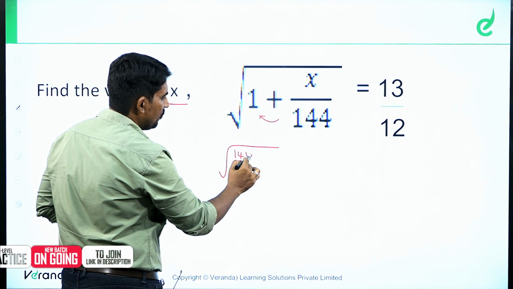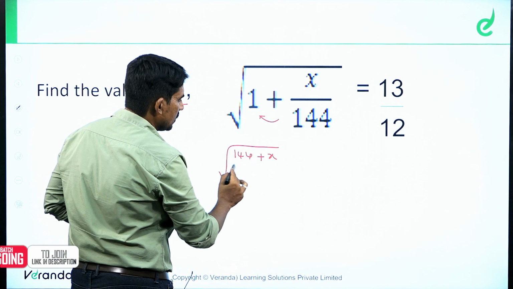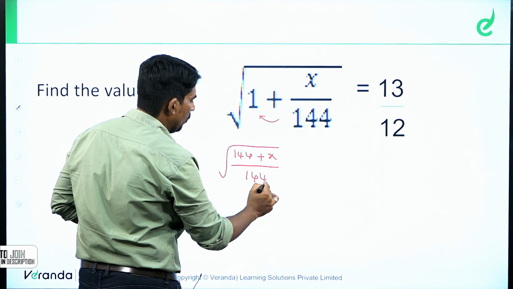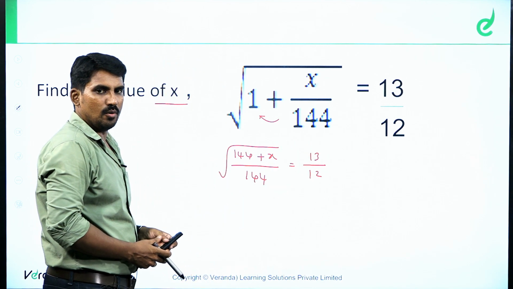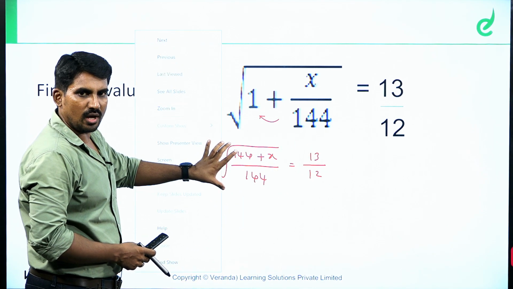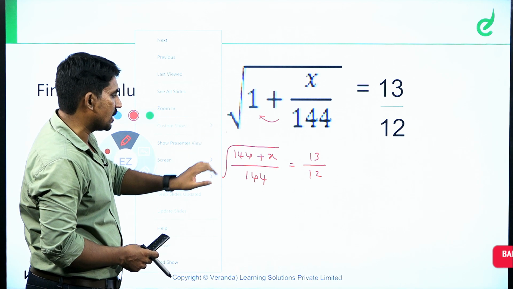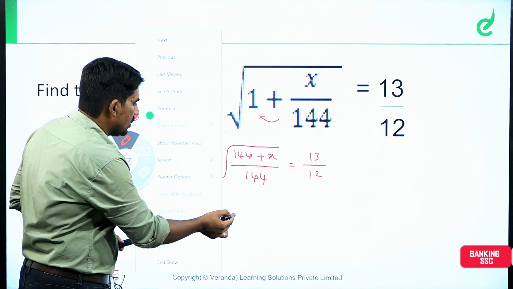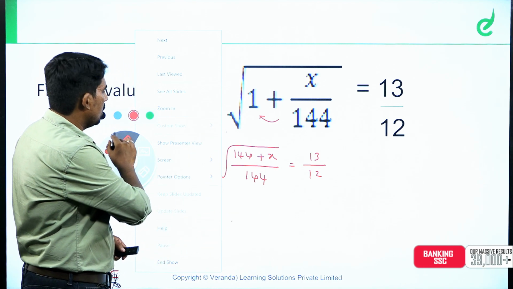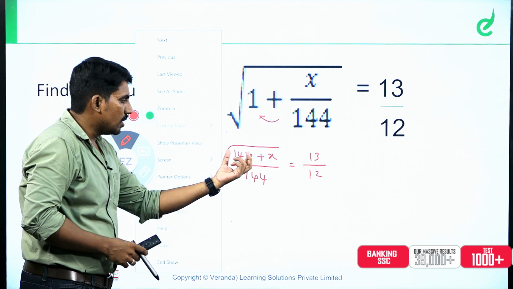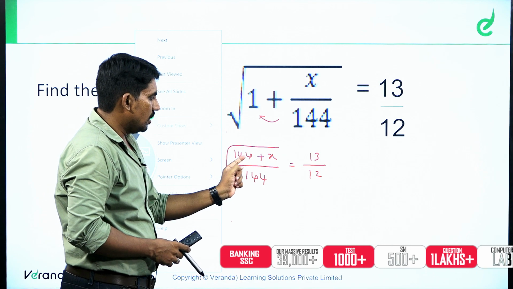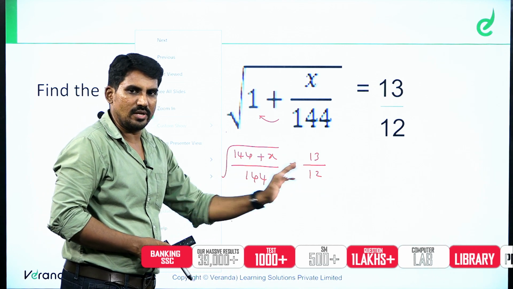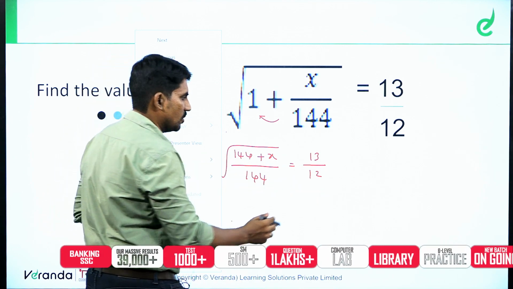Therefore, 144 plus x divided by 144 is equal to 13 by 12. Now, when a root or power is applied to a fraction, we can apply that root to the numerator and denominator also. Therefore, listen, root of 144 is actually 12.